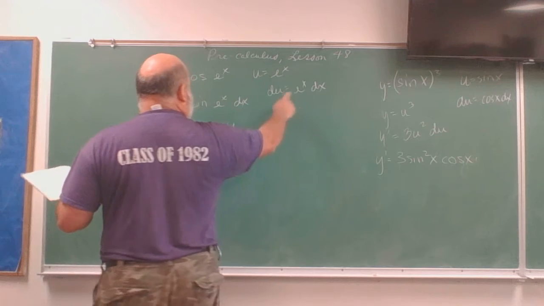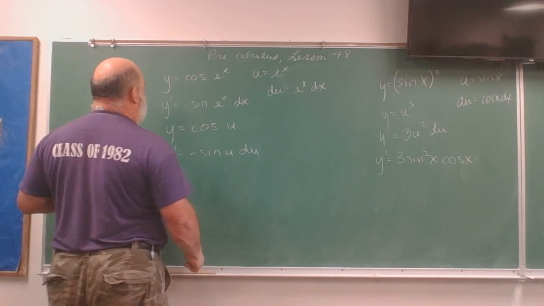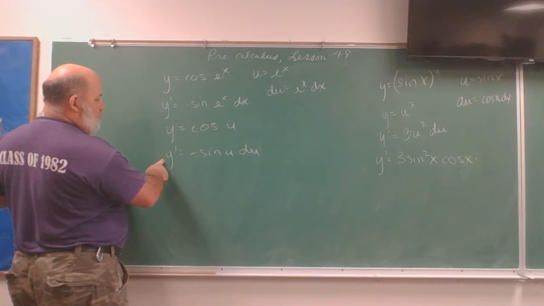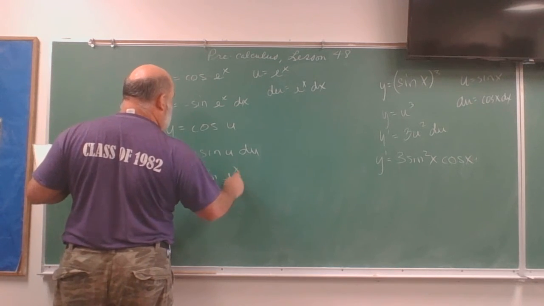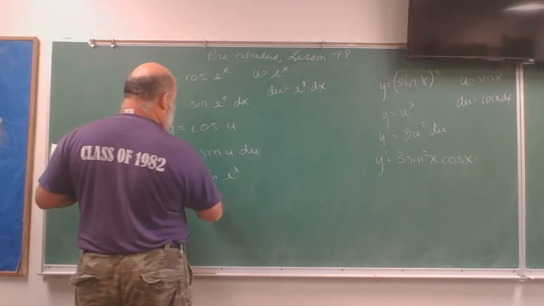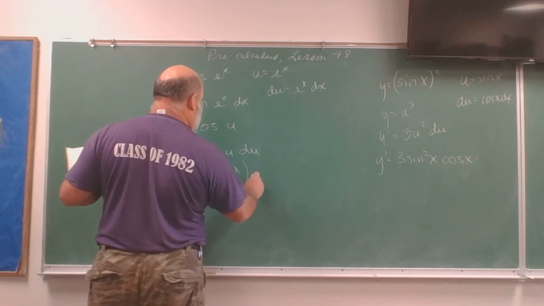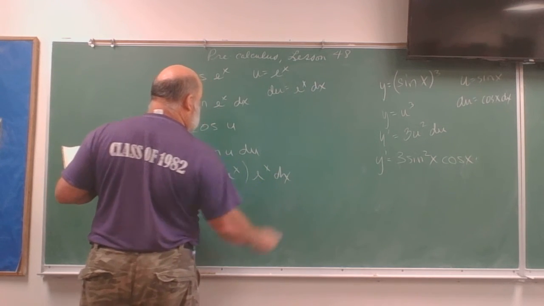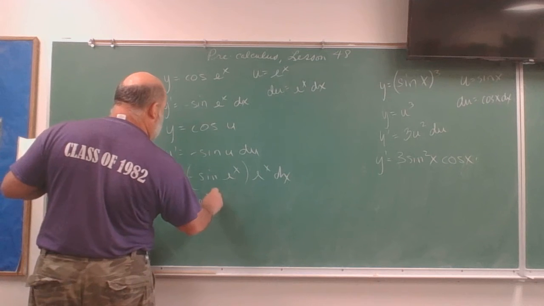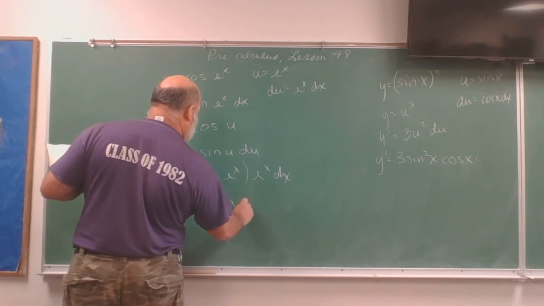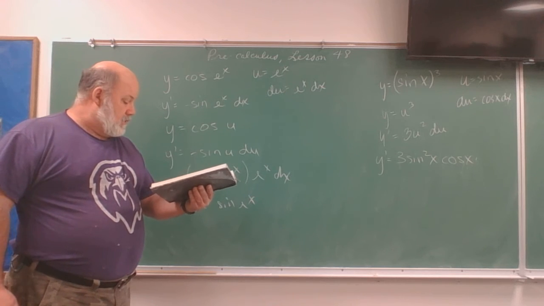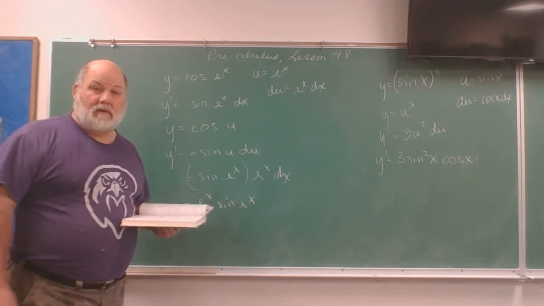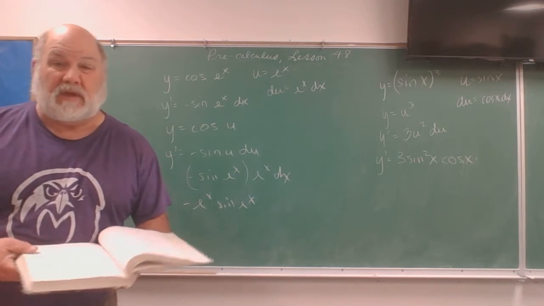So I'm just going to plug this in down here. Y prime, negative sine of e to the x, and we multiply this by e to the x dx. I get negative e to the x sine of e to the x. Boy, I hope that's right. Yes, it is. All right. That one was a little goofy.